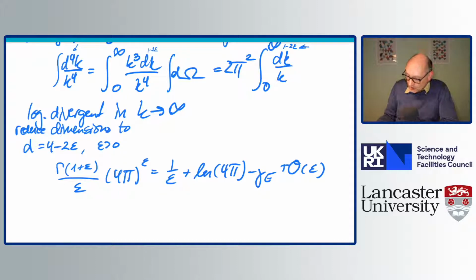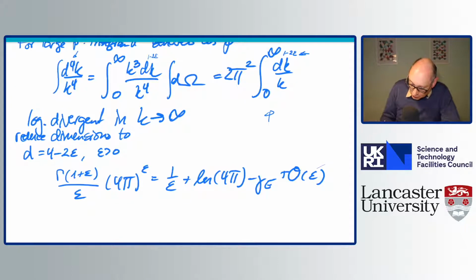Now, of course, if we take epsilon to 0, then the last term will vanish. But the point is that for any non-zero epsilon, we now have parameterized the divergence of the integral here, or any loop integral, in terms of poles in epsilon.